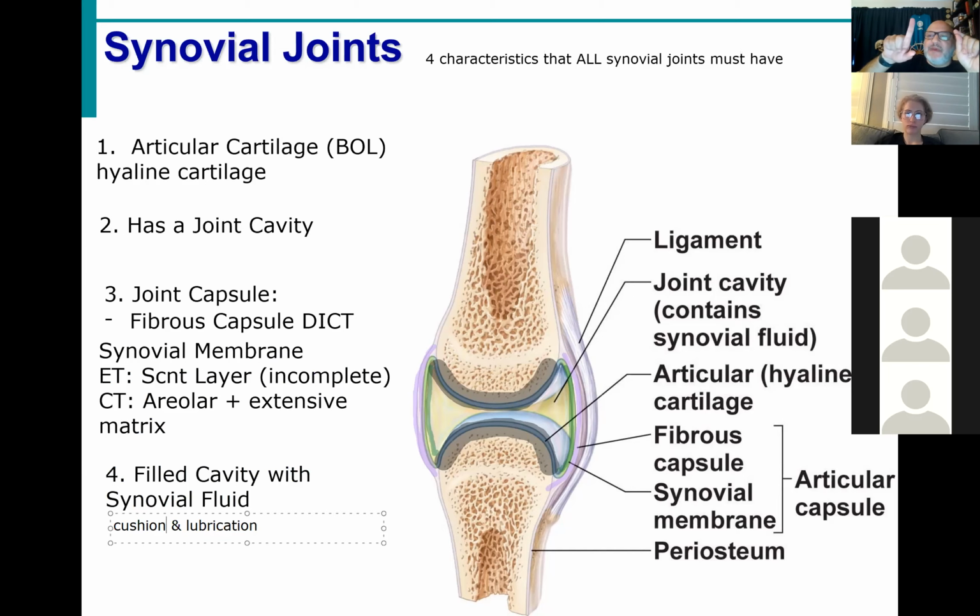We constantly make synovial fluid, fill the space with synovial fluid, and then reabsorb it. So we are constantly circulating our synovial fluid. If the goal was just cushion and lubrication, there are other ways we could do that more efficiently. So why is it that we're constantly making and recycling? That synovial fluid must be doing something else.